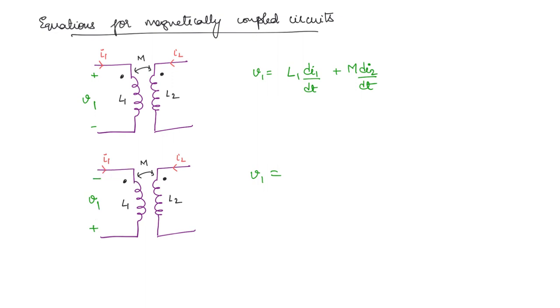So for an inductor, when current is flowing into the negative polarity, we write negative. So minus L1 di1/dt. And here this I2 is entering this dotted terminal, so positive will be formed here, but we have taken the reference positive to be here. So we write the negative sign, minus M di2/dt.